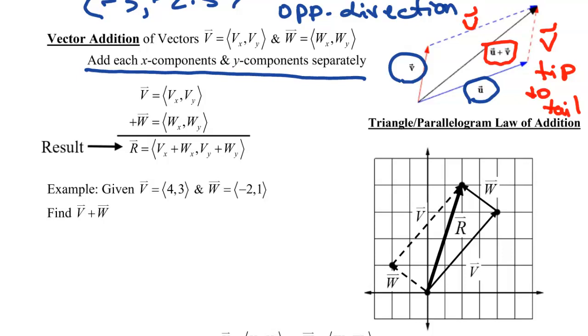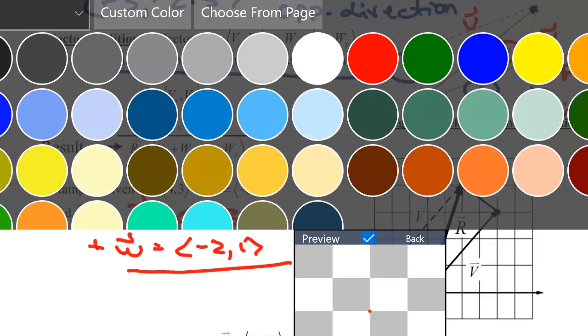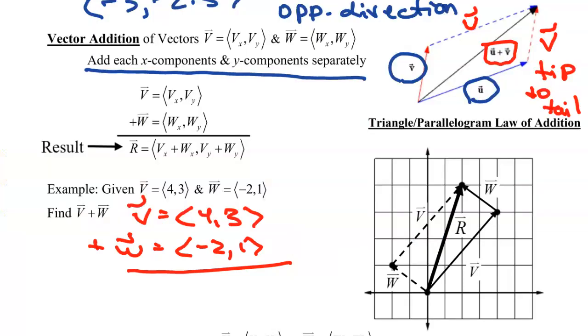Okay, let's go through an example. Vector v plus vector w. Well, vector v is 4, 3, plus vector w, which is -2, 1. I'm going to add them together. All I'm doing is finding my result, vector r.